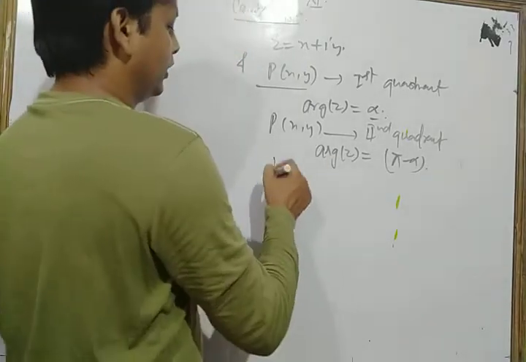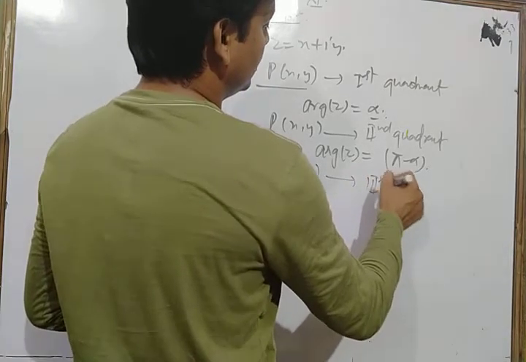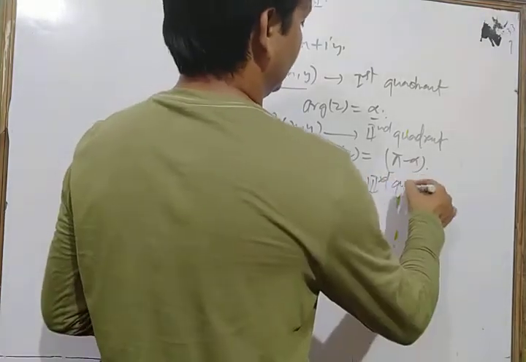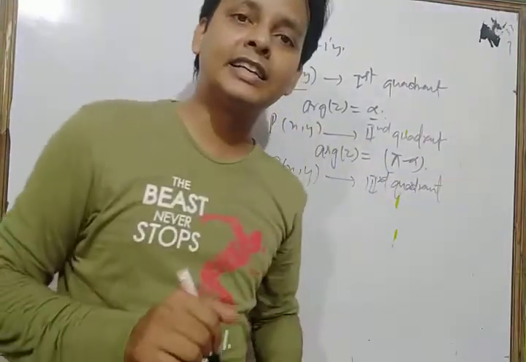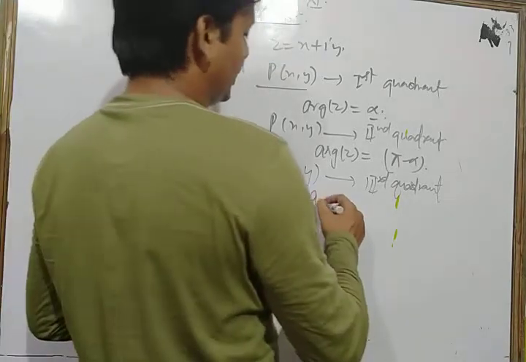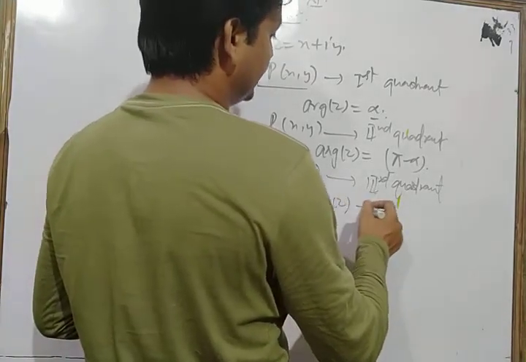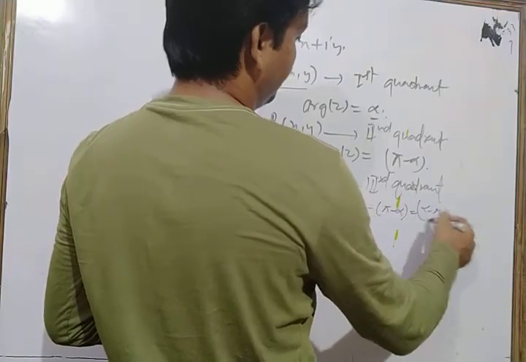Similarly, when the point P(x, y) lies in the third quadrant in its Argand plane, in that condition the argument of z is equal to minus (pi minus alpha), means alpha minus pi.